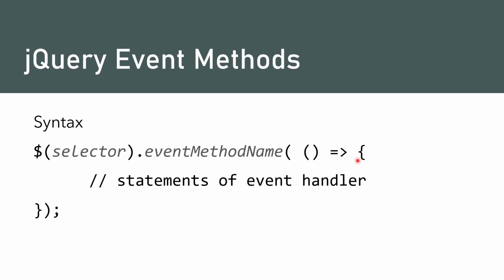And it's common to just use anonymous arrow functions inside of the parentheses here, but you can still code your own functions and use that as a parameter as well.